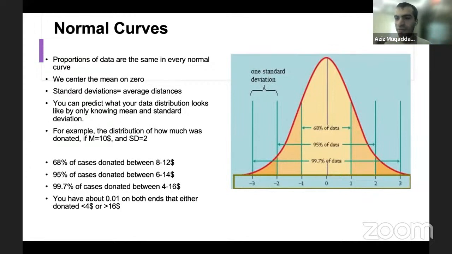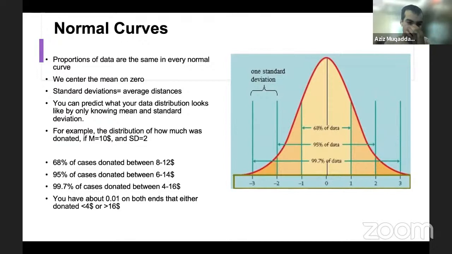As we mentioned, standard deviation is how an average score has deviated from the mean score. And so we said 68% of the data would be within -1 and +1, 95% of the data would be between -2 and +2, and around 99.7% would be between -3 and +3. That's a normally distributed data.